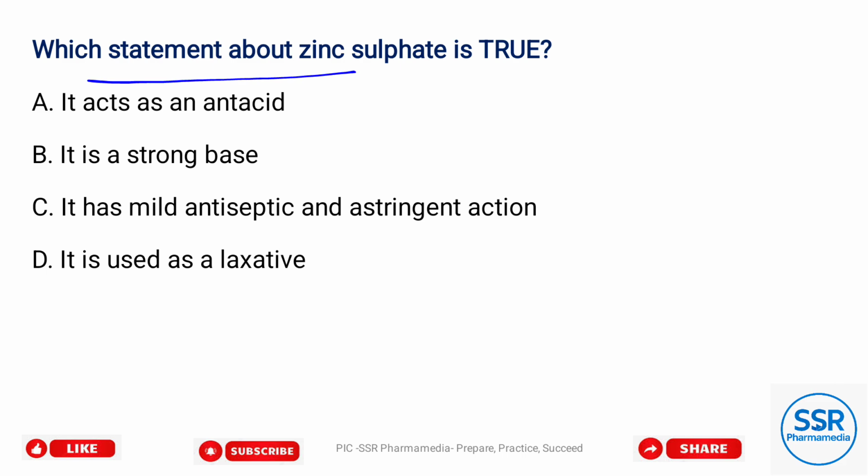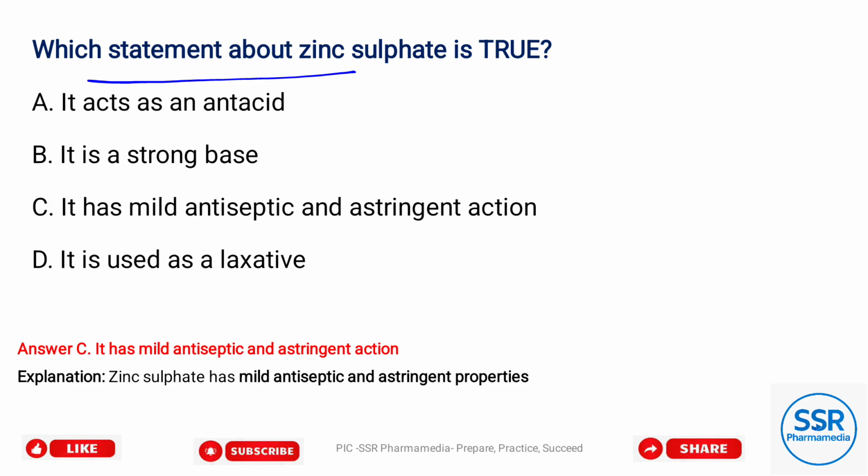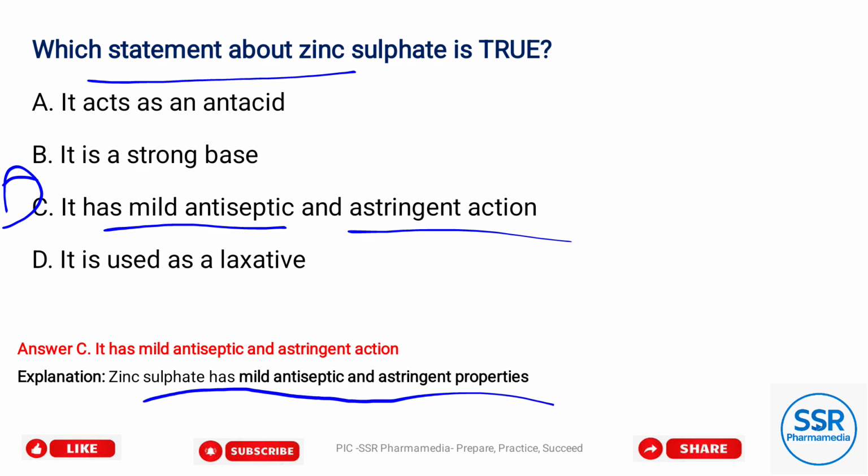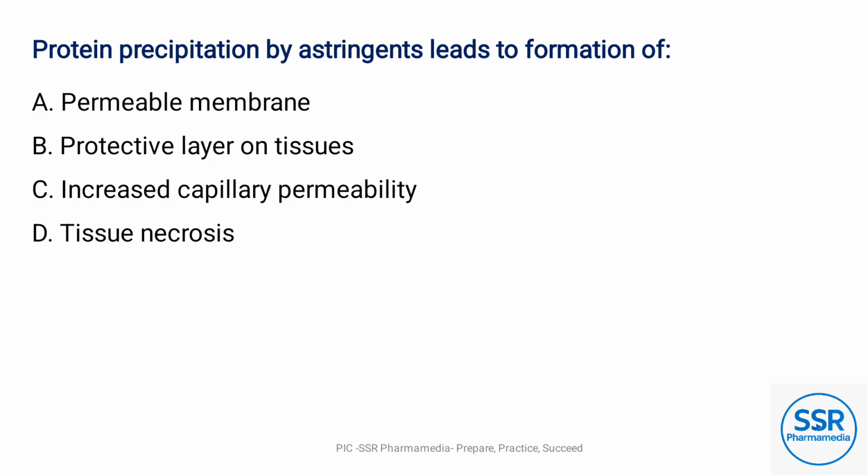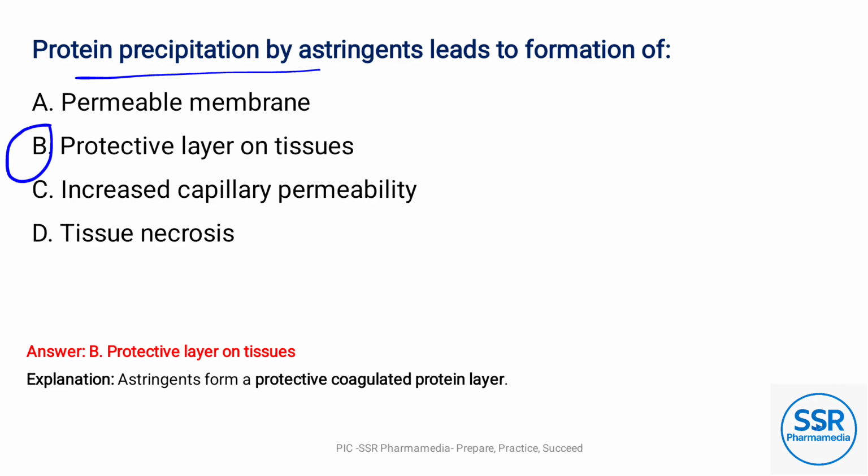Which statement about zinc sulfate is true? Option C, it has mild antiseptic and astringent action. Protein precipitation by astringents leads to formation of, option B, a protective layer on tissues.